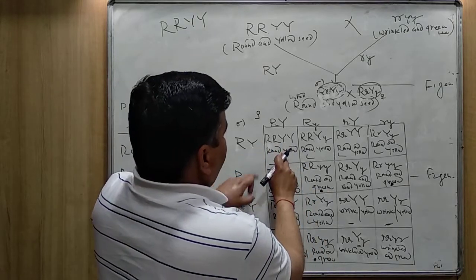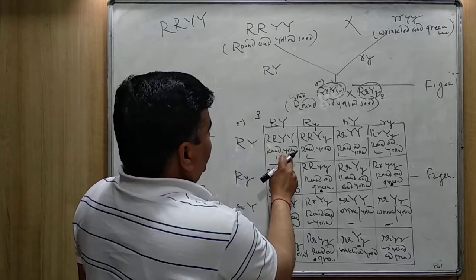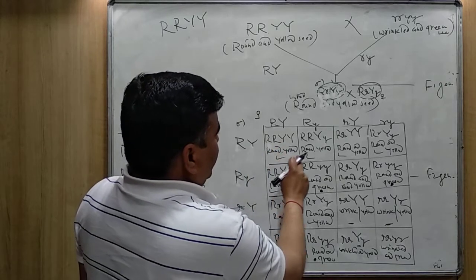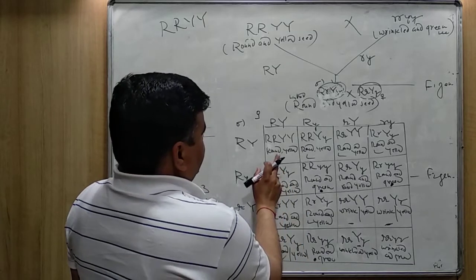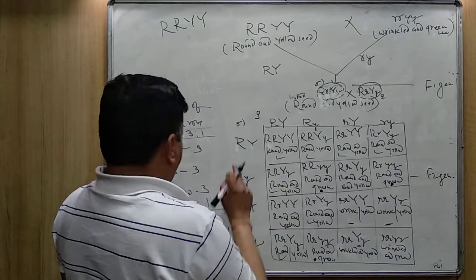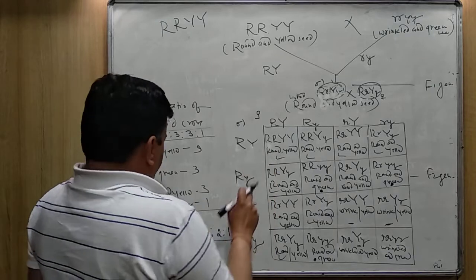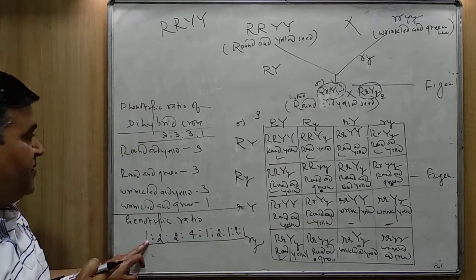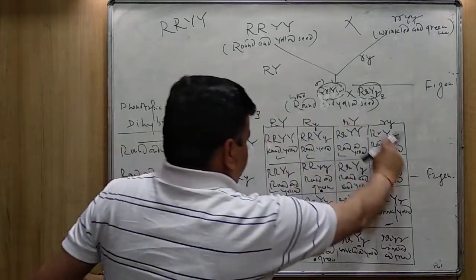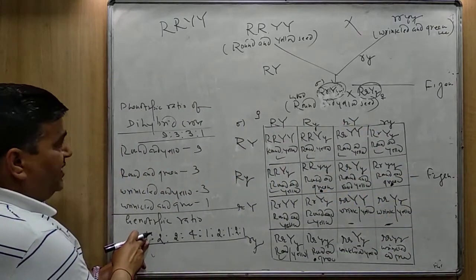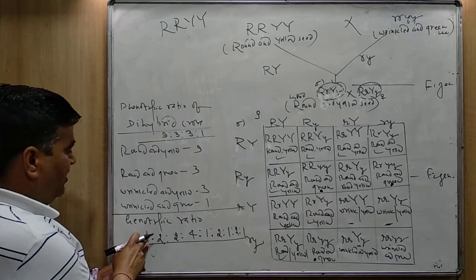I think only one, pure round and pure yellow. You can't see any other places except in the first position. So the first one is pure round and pure yellow. Out of 16 plants, one is pure round and pure yellow.